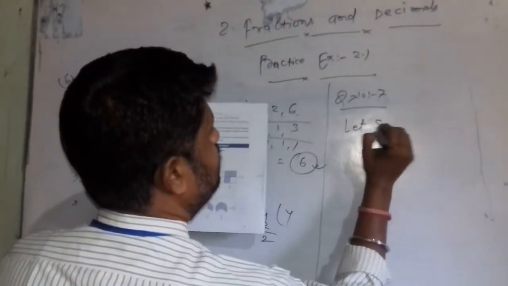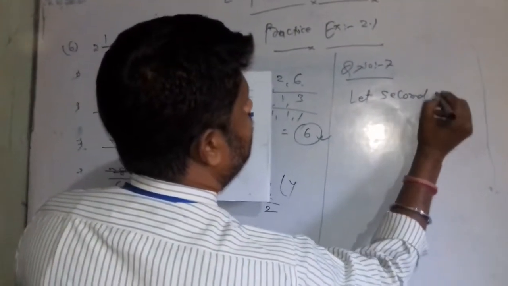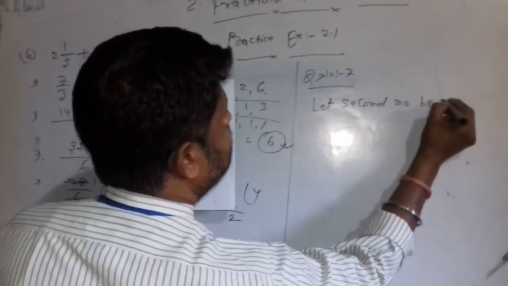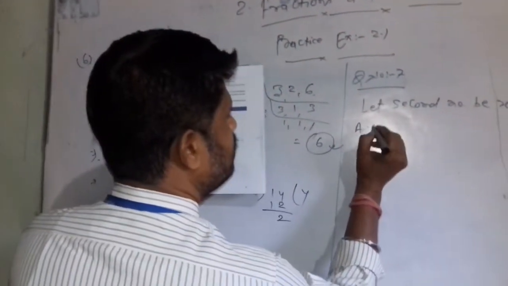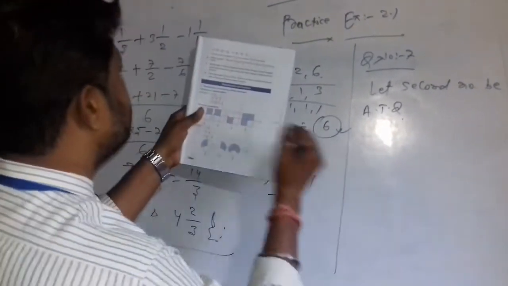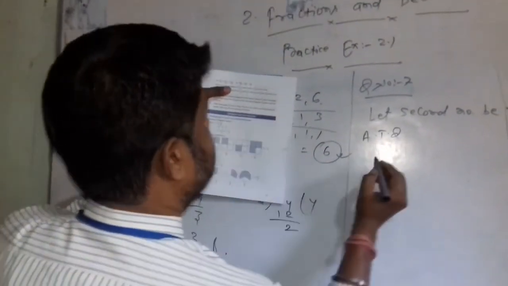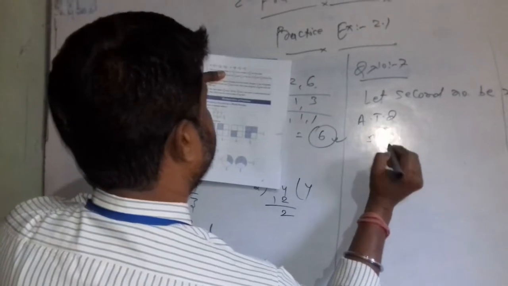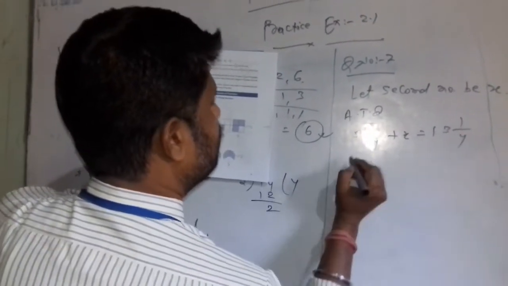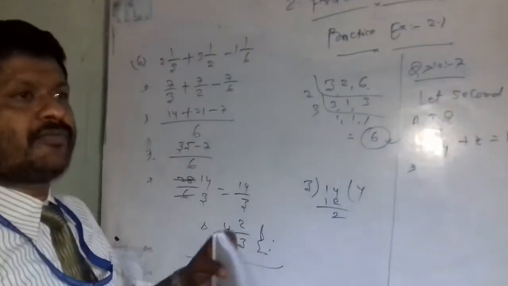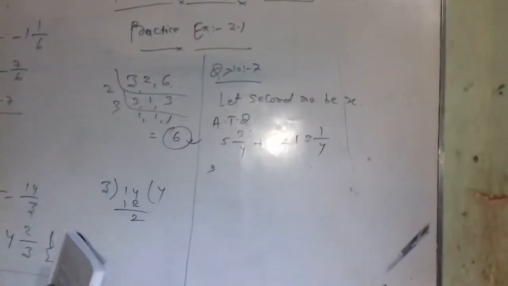Let the second number be x. Then according to the question, 5 whole 3 by 4 plus x is equal to 13 whole 1 by 4, and we have to find the value of x.